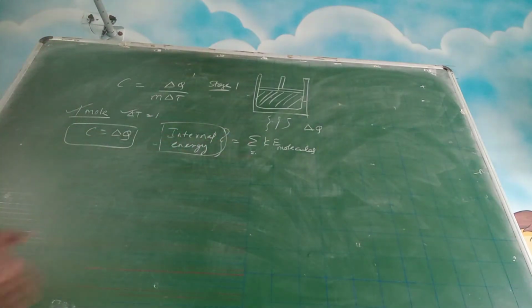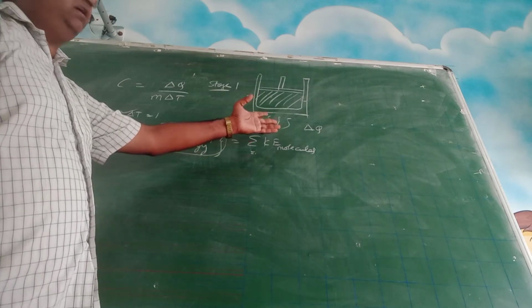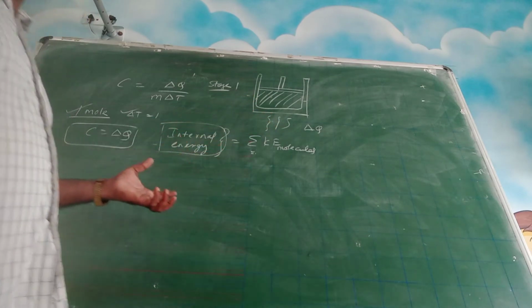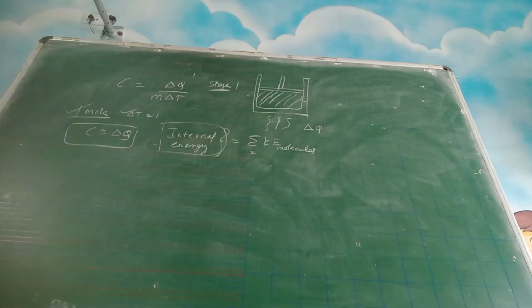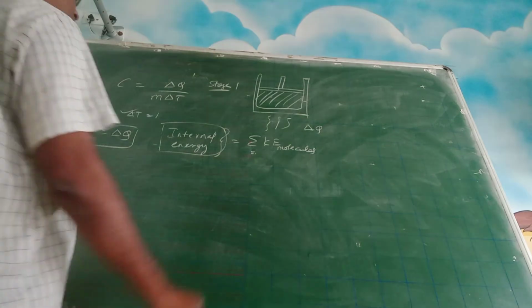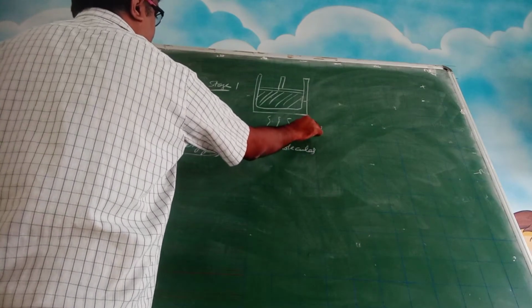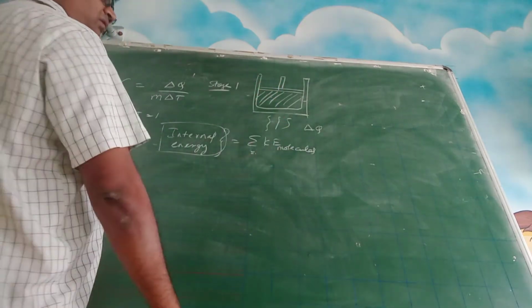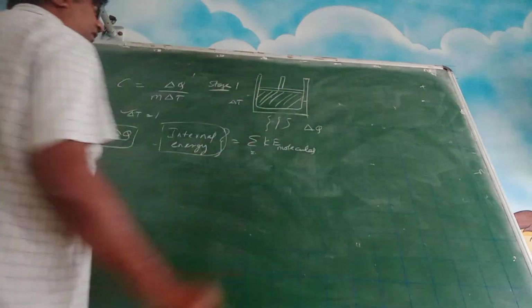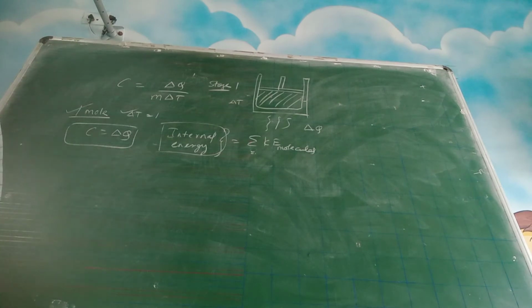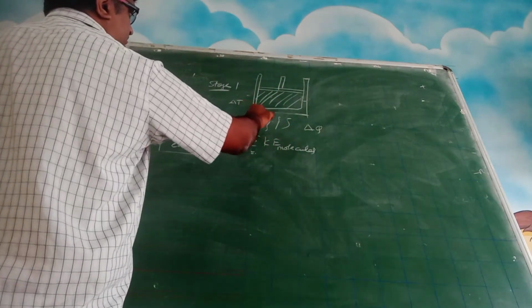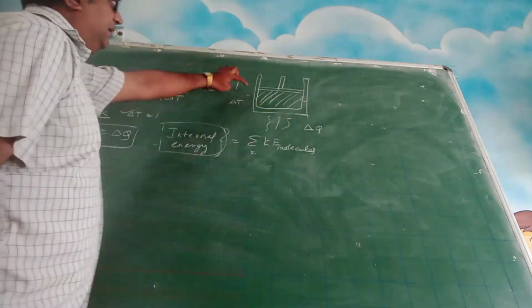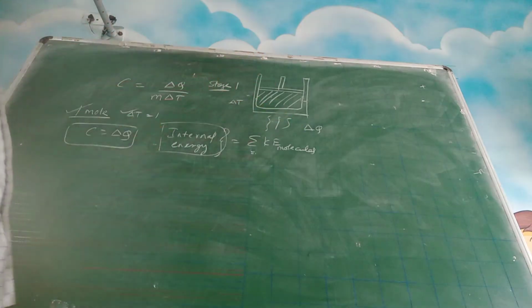Initially it was less. Then when you started giving heat, the kinetic energy of the particles increased. When the kinetic energy of the molecules is increasing, you can say that the temperature is rising, right? So when you give this heat, the temperature of the content rises by delta T. You are anyway considering 1 mole. Let us say this lid is very tight.